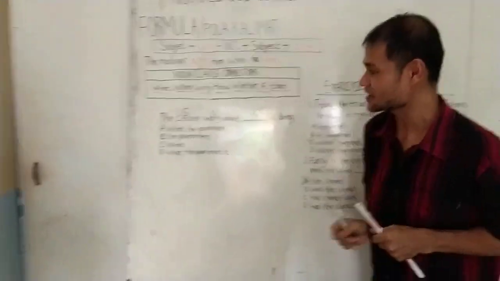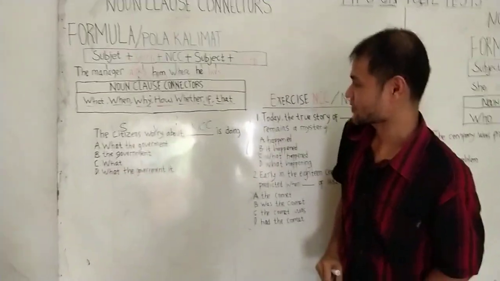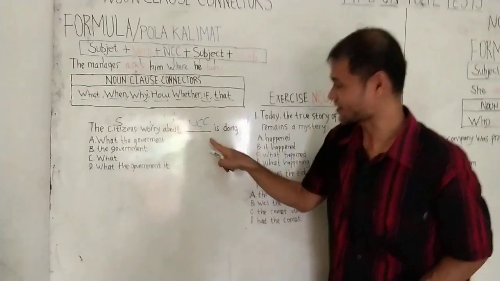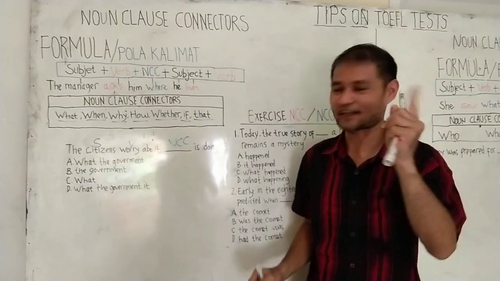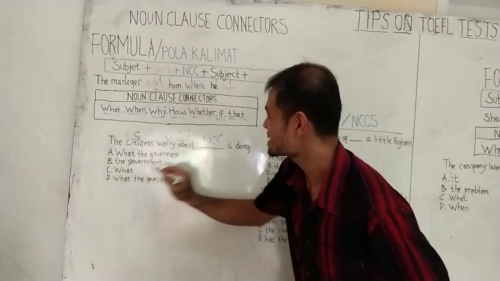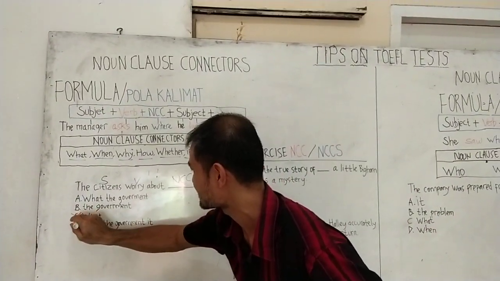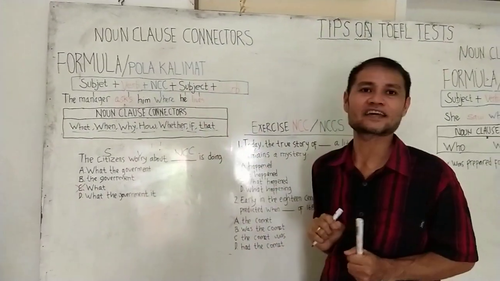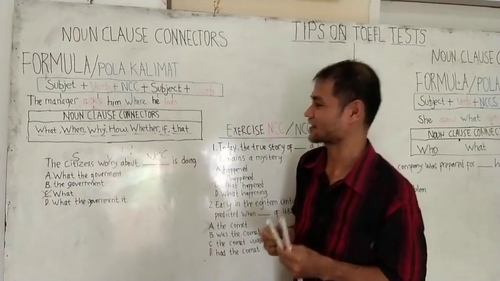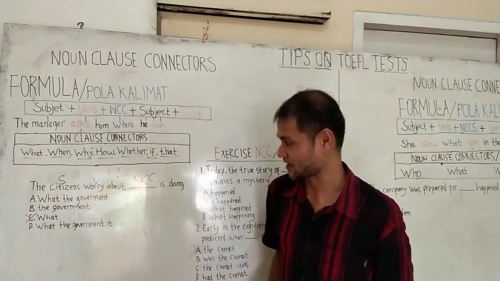Among A, B, C, D, what is the best answer? Only NCC, okay? Yes, correct. The correct answer is C. What is the NCC? Noun clause connector. A, B, and D are incorrect.